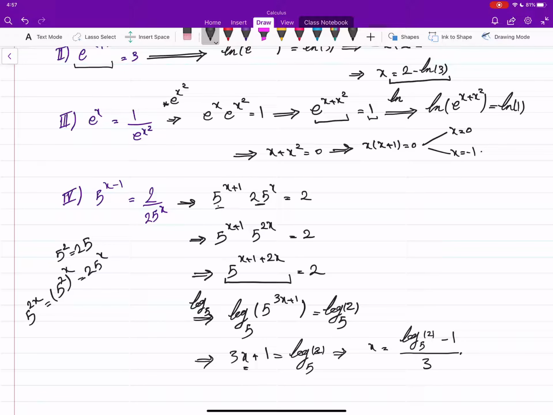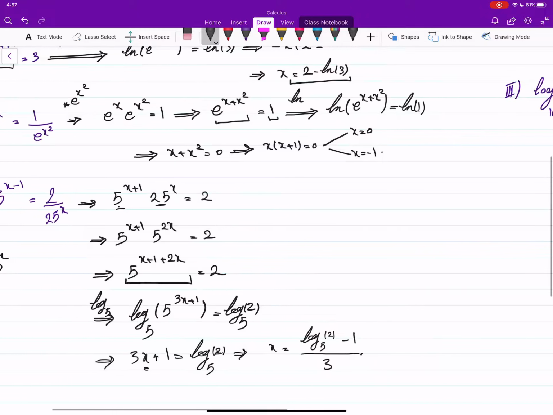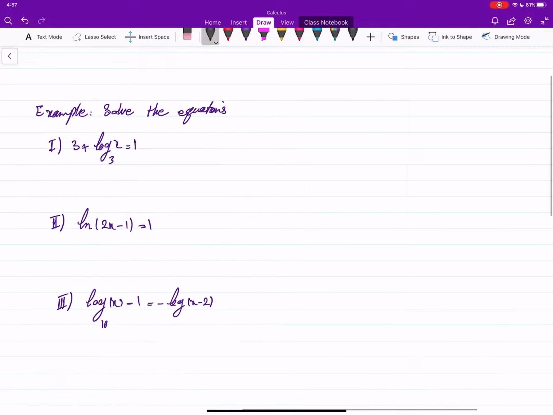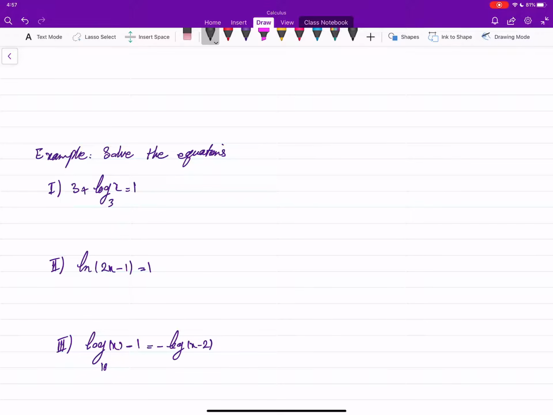Well, the same steps can be used to solve logarithmic equations. I have prepared some examples also here for you. So in the logarithmic cases, the important one is that if you have log of something base b, to get rid of that, you put it as the exponent of b.